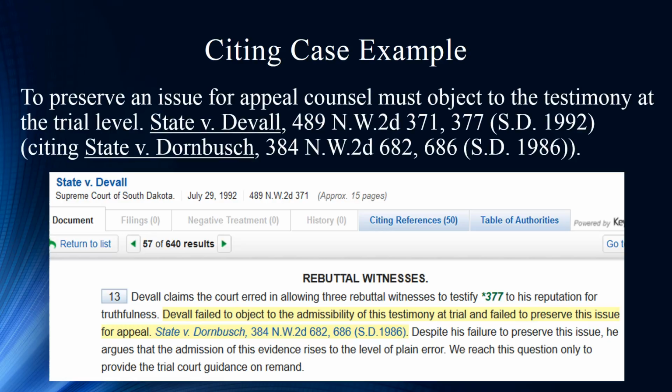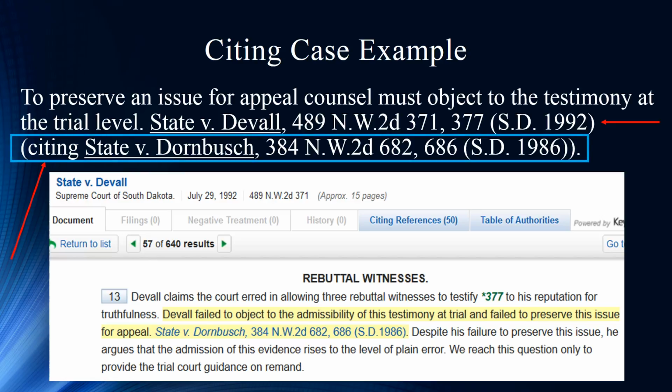You would cite State v. Duvall, and then in a parenthetical indicate that Duvall is citing the Dornbush case. Note that the pinpoint citations are included for both authorities. Also note you include a double parenthesis at the end of the citation sentence. This is because the entire clause citing to the Dornbush case is enclosed separately.